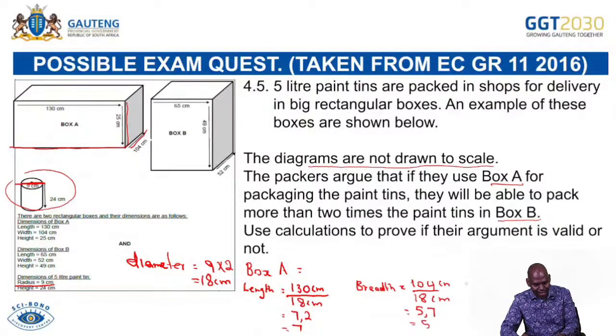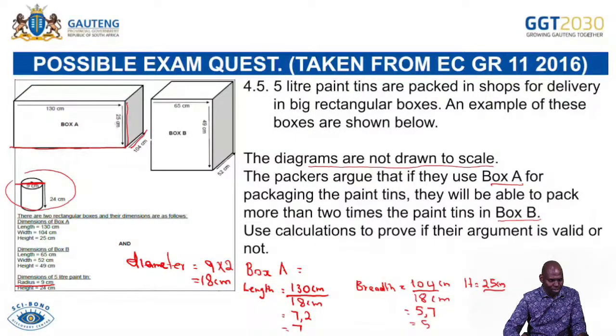Okay, then for the height, I'm going to take 25 centimeters of the box, and then I divide by 24. So 25 divided by 24, then I get 1.04, which is actually 1.